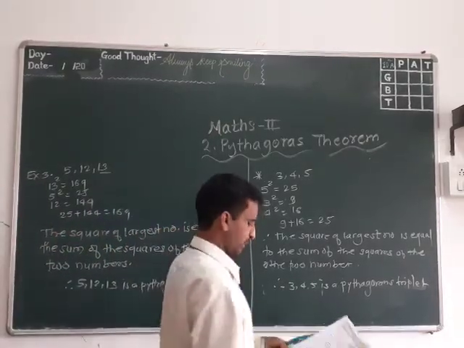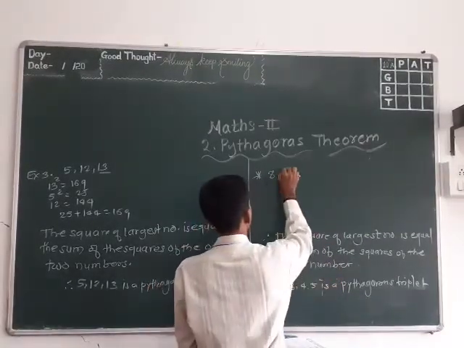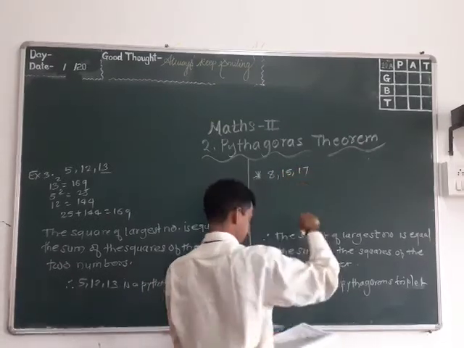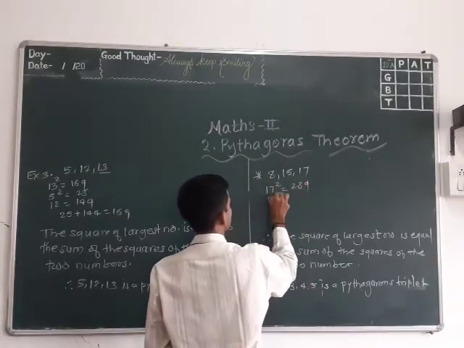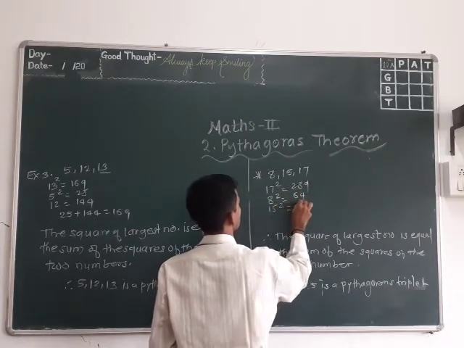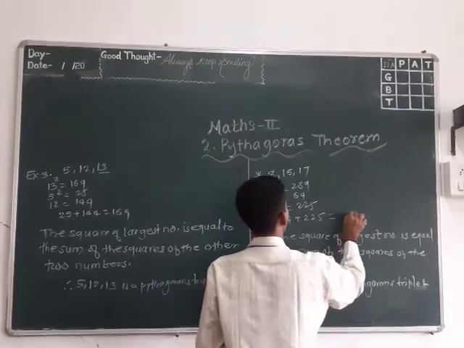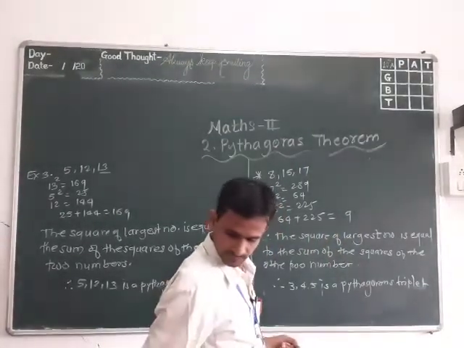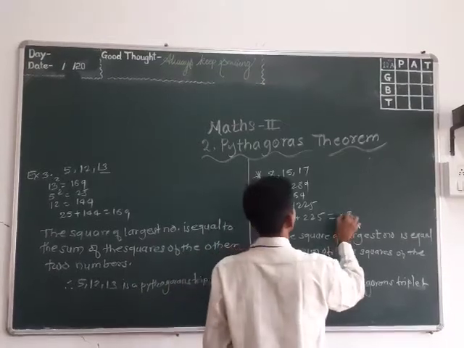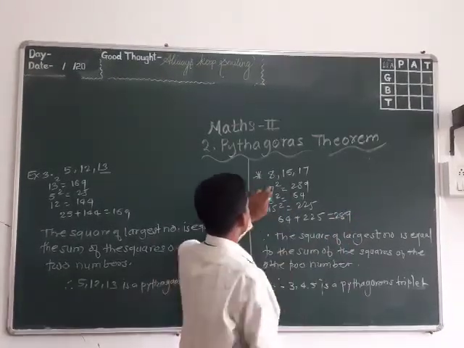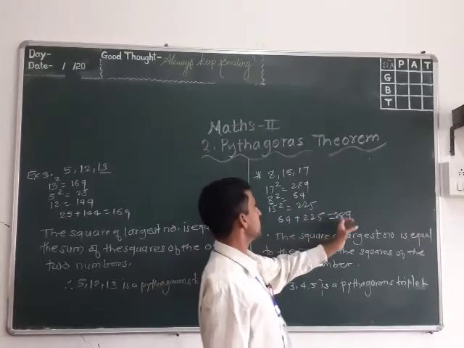Another example, 8, 15 and 17. 17 square is equal to 289. 8 square is equal to 64. 15 square is equal to 225. 64 plus 225 is equal to 289.